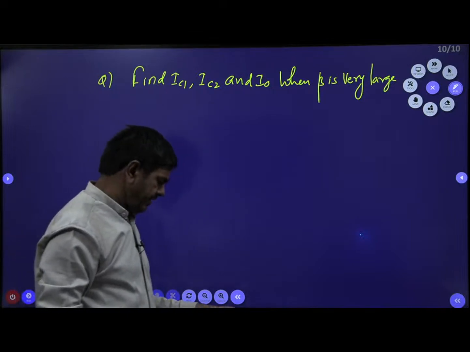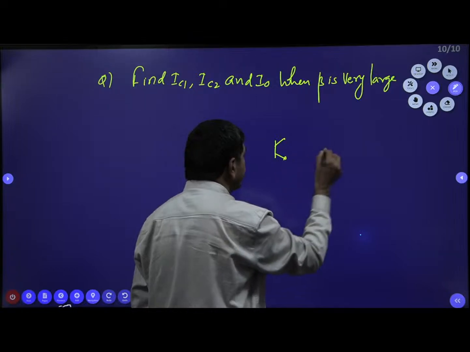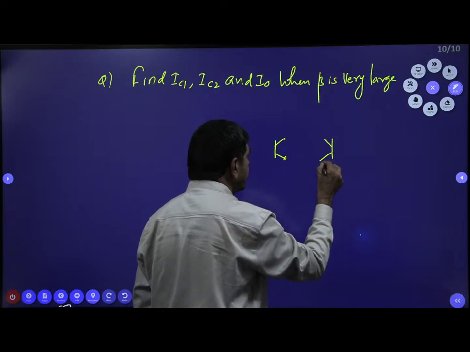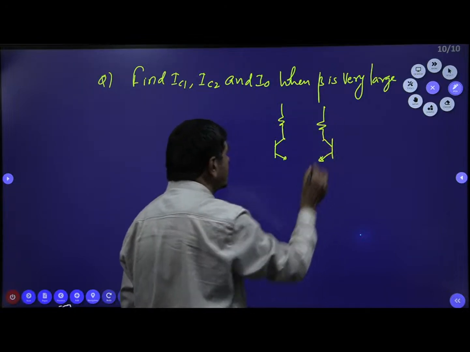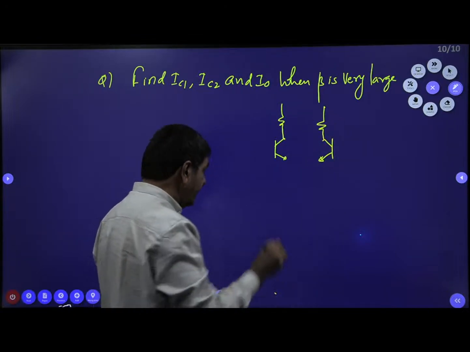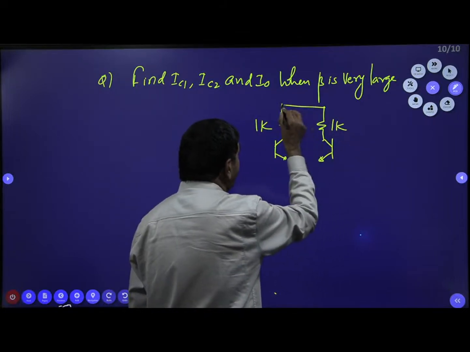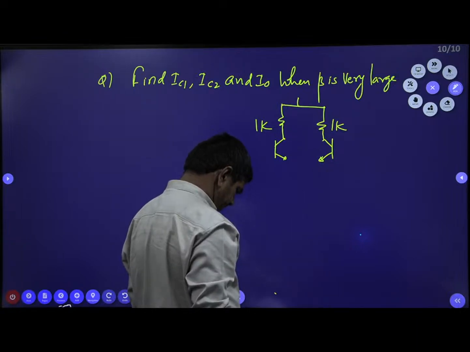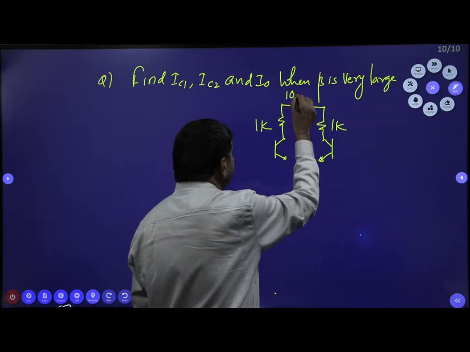The network given is a transistor on this side and one more transistor on this side. On this side you have RC values, 1K, the same as I took for example. And the voltage is the same 10 volts I took before.